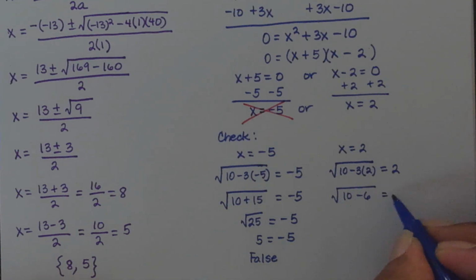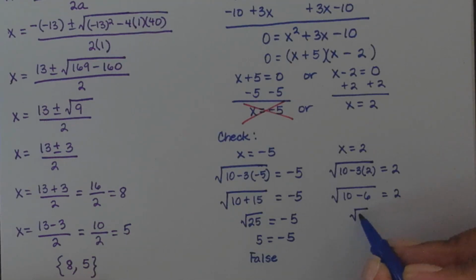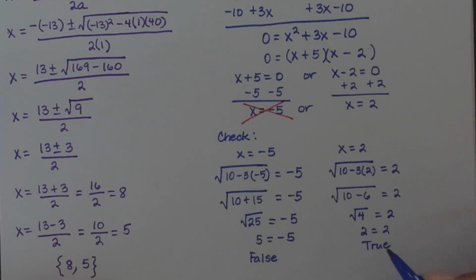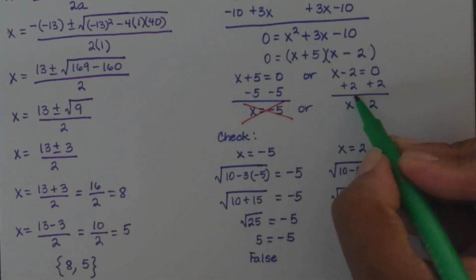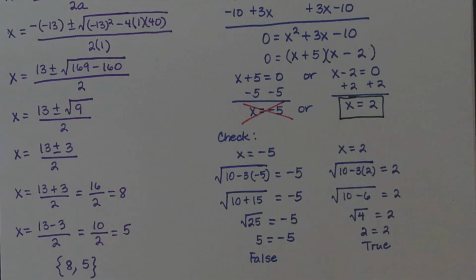So I got the square root of 10 minus 6 equaling 2. 10 minus 6 will be 4, and the square root of 4 is 2. Does 2 equal 2? That's a true statement. So that means that x equals 2 is the actual solution for that radical equation.